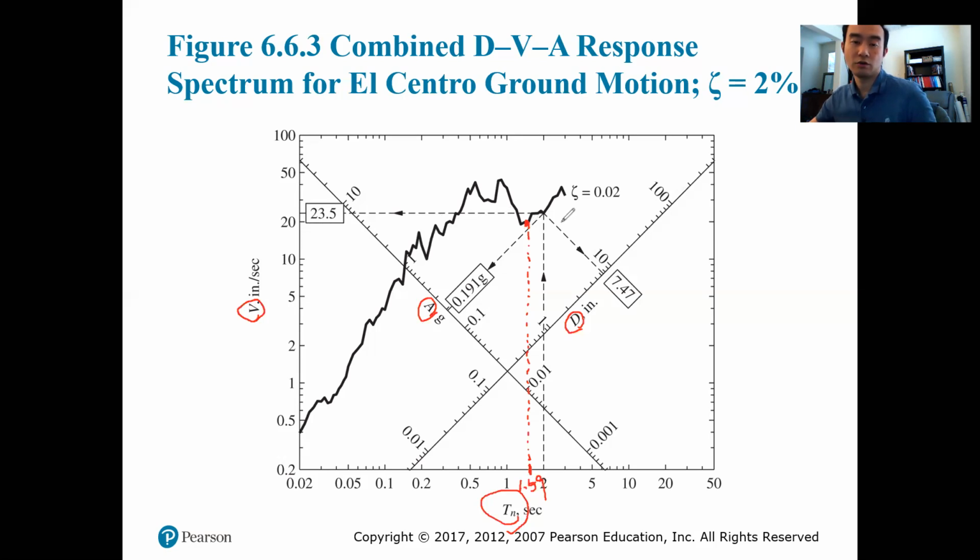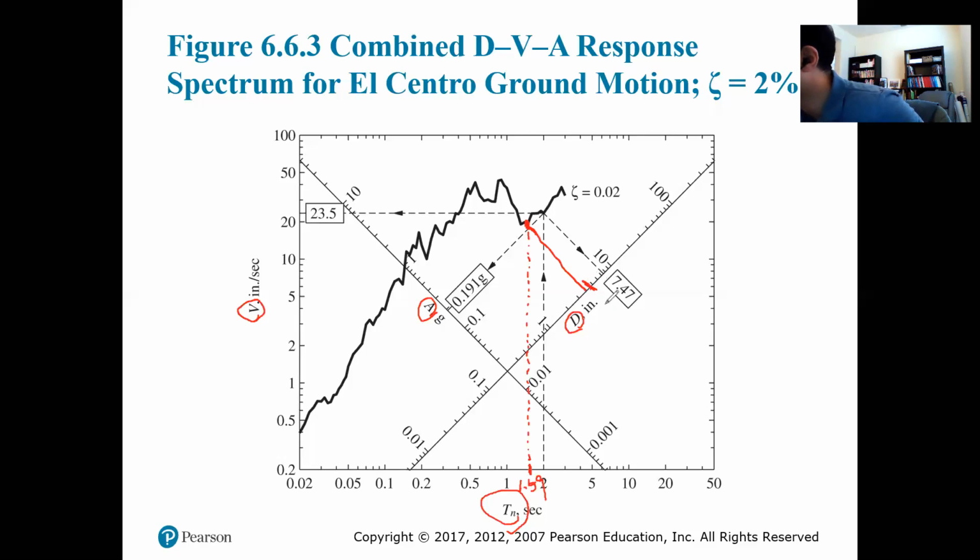In our case, we're looking for the peak deformation, so here we're going to go this way, which is 5.0. Let's see, 1, 2, 3, 1, 2, 3, 4, 5. Anyway, that's how we can read it.